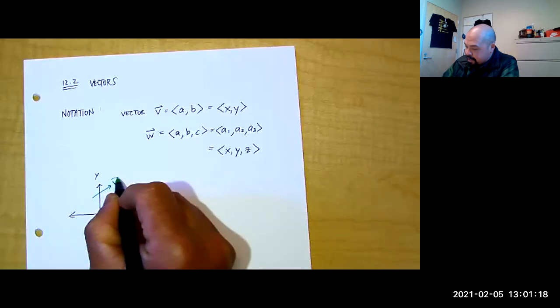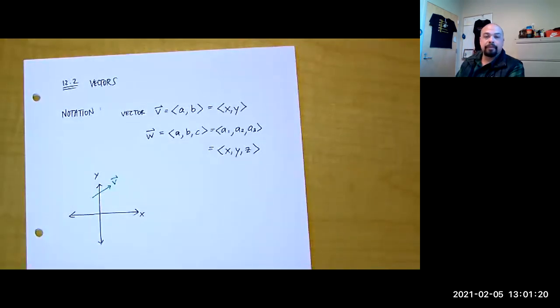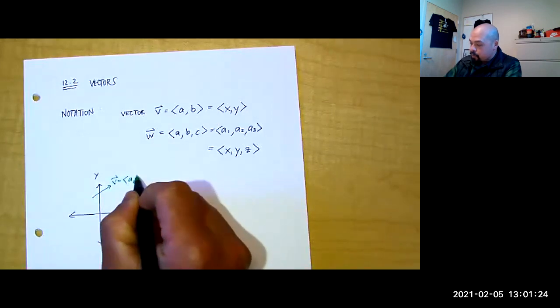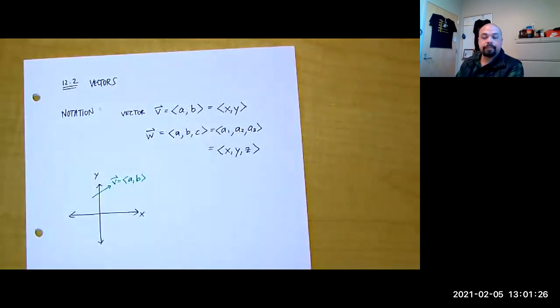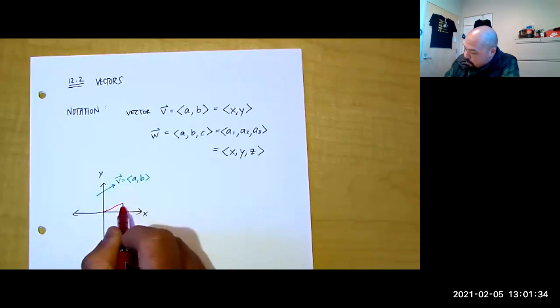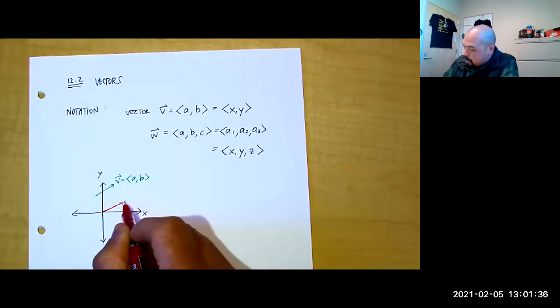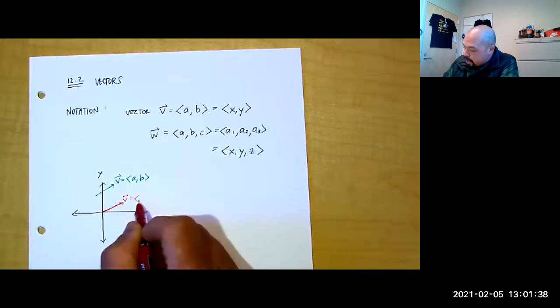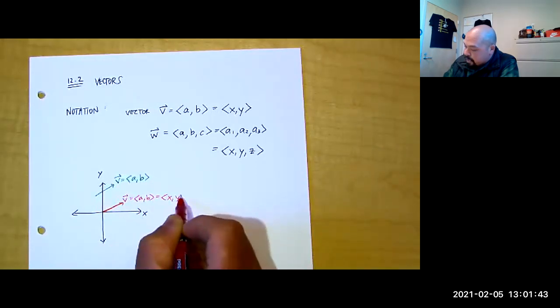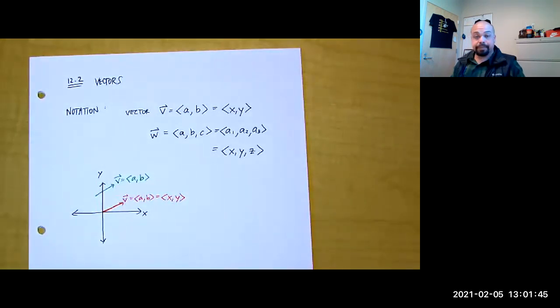This can be that vector V, with those components A and B. But we can shift that vector anywhere, parallel, and it can be that same vector, A, B, or X, Y.